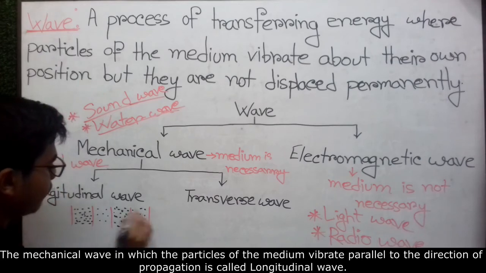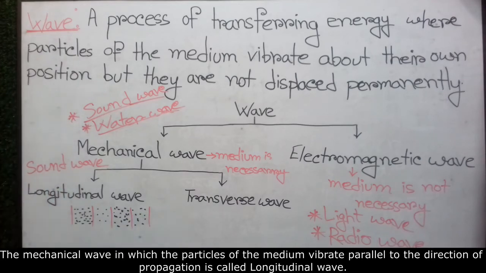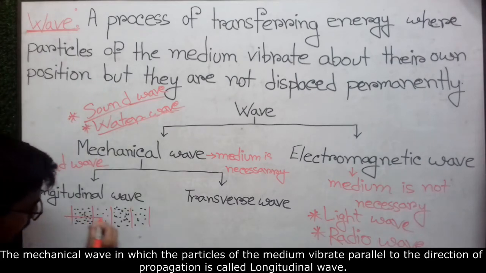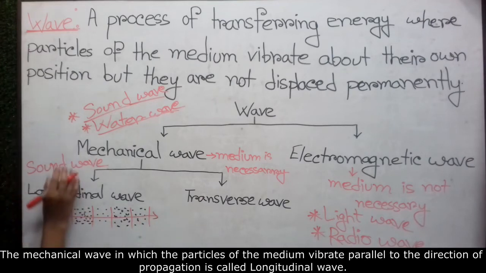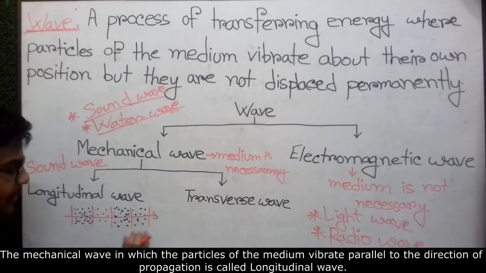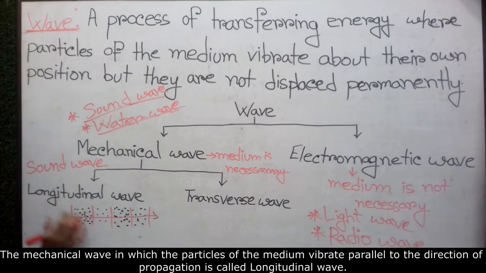Through this way the sound passes, and that's why sound wave is an example of longitudinal wave, and it passes parallel to the direction of the propagation. So that is why it's longitudinal wave.